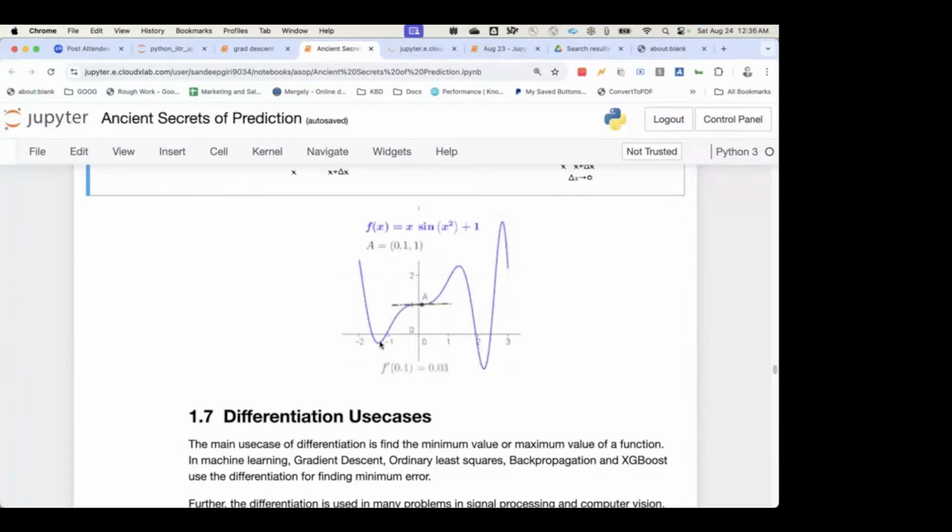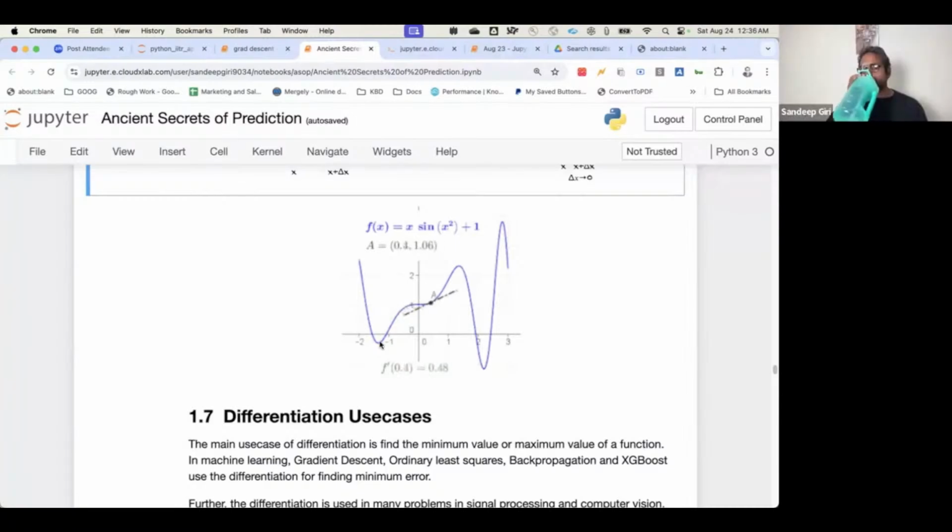Zero. Zero, right? Okay. So that's a very important quality to observe, that at minima or maxima, the gradient is zero.